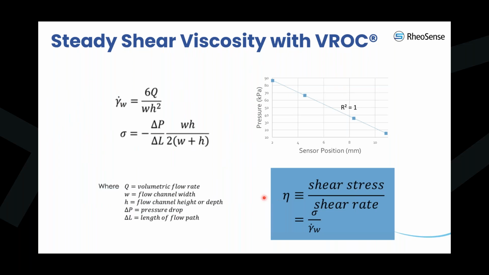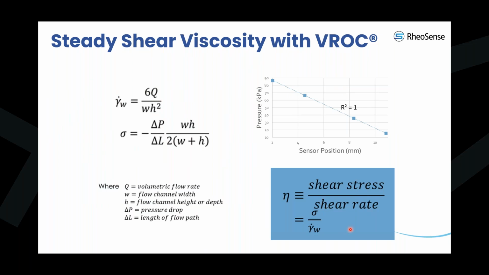From this, we can calculate the shear rate, which depends on flow rate and the geometry of the channel. At the same time, the system measures the pressure drop across the channel using the pressure sensors. From the pressure drop and the geometry of the channel, we can calculate shear stress. Now that we have both shear rate and shear stress, viscosity is calculated simply by dividing shear stress by shear rate.